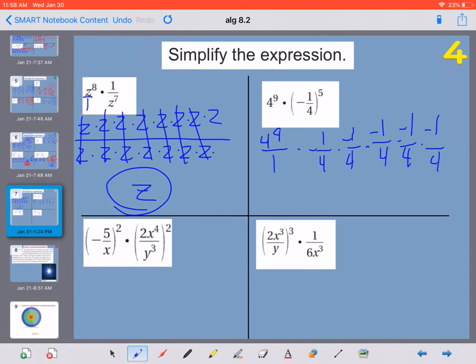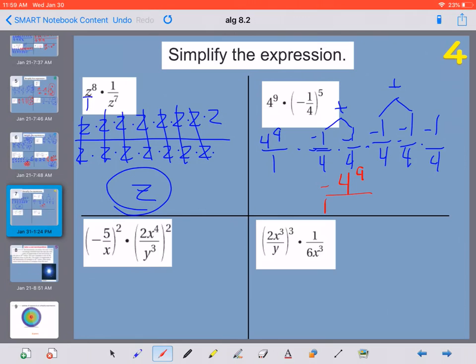Alright, so we have how many negative 1s? Negative 1, 2, 3, 4, 5. 2 of these are going to make a positive. 2 of these would make a positive, and this becomes a negative. So negative 1 times 4 to the 9th gives us a negative 4 to the 9th over 4 times 4 times 4 times 4 times 4, that's 4 to the 5th, or 5 fours.